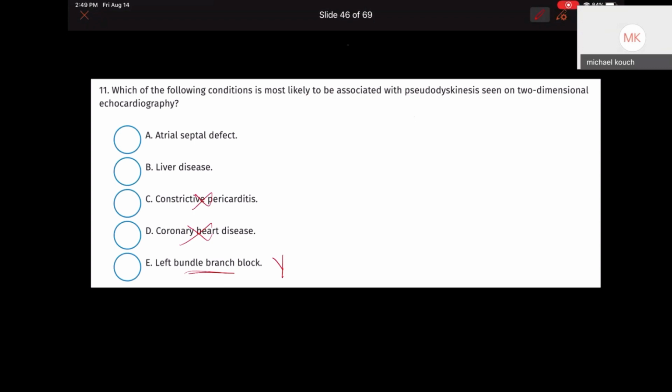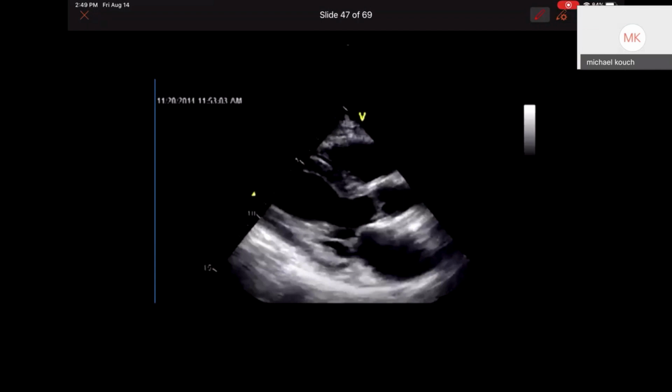Maybe. How? Sure. And an atrial septal defect? No. So we have to pick between the two. What I'll tell you is that the answer is actually liver disease, and we're going to go over what pseudo-dyskinesis is. It's just a power move to make me feel like I'm smart. That's what lecturing is. All right. So let's see if this actually works.